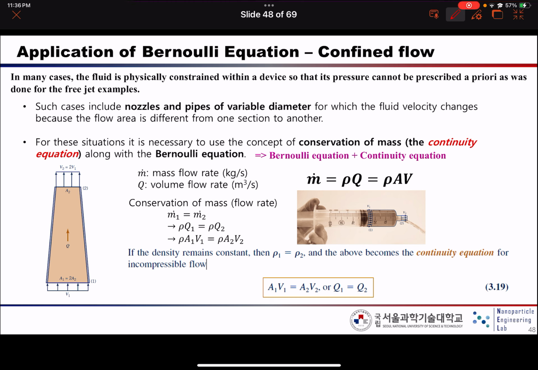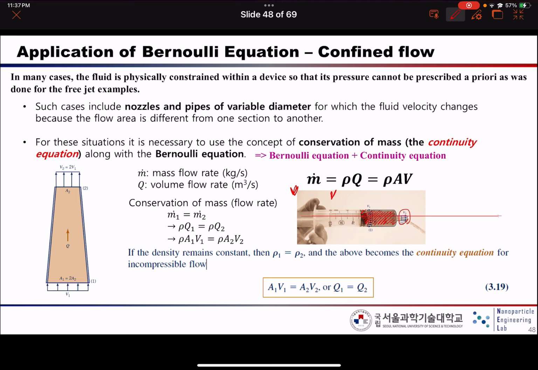So another application of the Bernoulli equation is the confined flow. Okay, so what is the confined flow? A very famous example is using a syringe like this. The liquid is contained in the syringe and there is an opening.